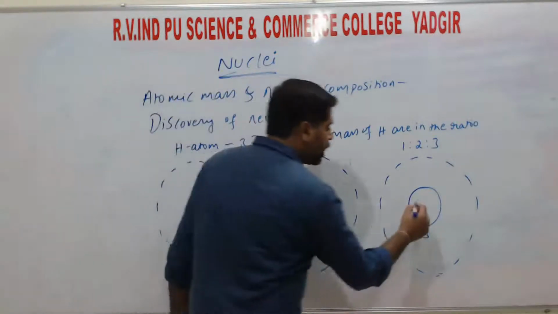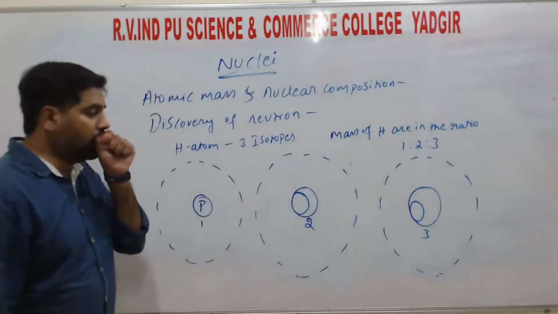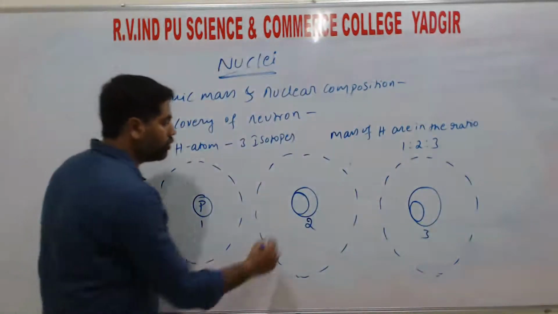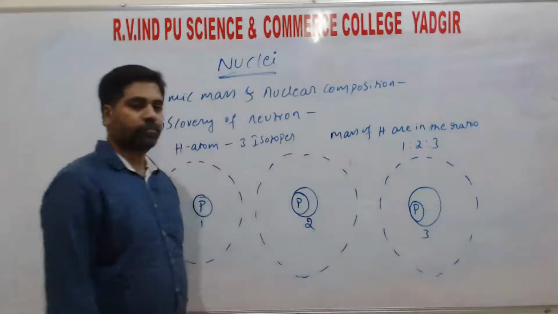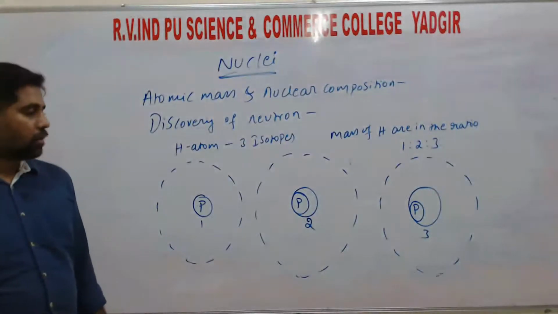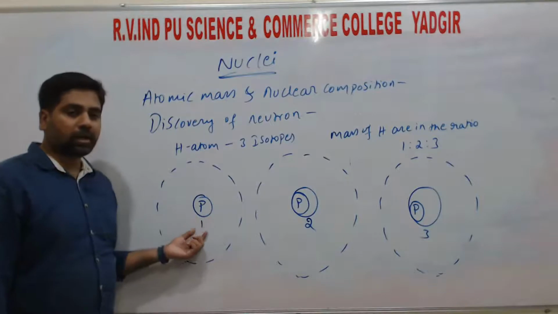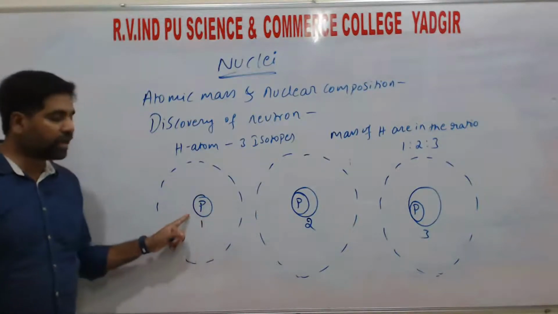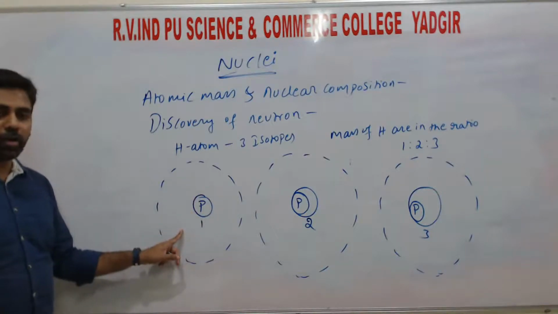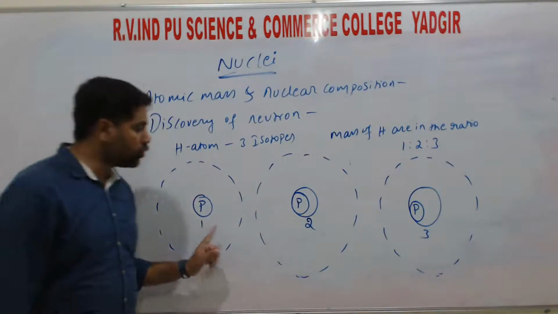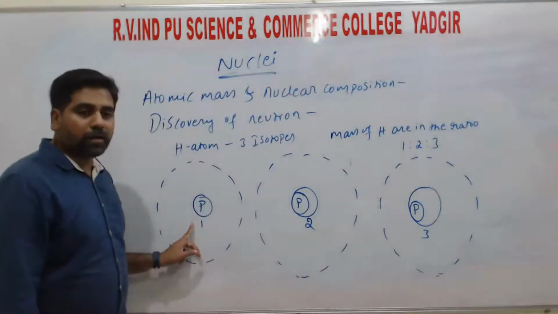The first one we already know is the proton. The nucleus of the hydrogen atom, with maximum abundance of 99%, we call the proton. So here also a proton, and these are in the 1 ratio.